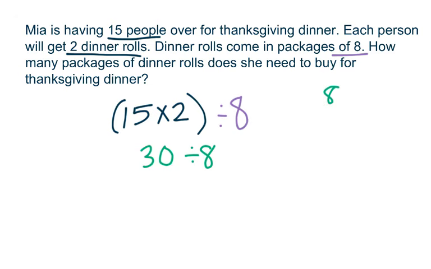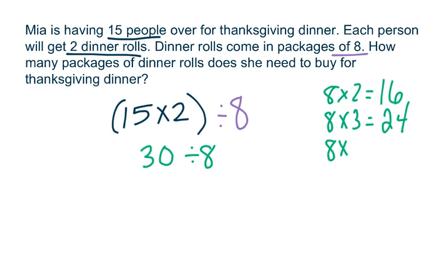Well, 8 times 2, or 2 packages of 8, would get me 16. 3 packages of 8, or 8 groups of 3, is going to get me 24. And then 4 packages of 8 is going to get me 32. Well, 32 is too many because I only have 30, so I'm going to be looking at 3.